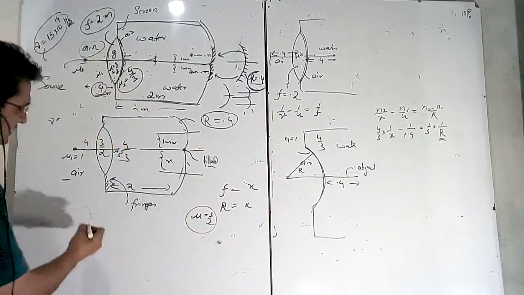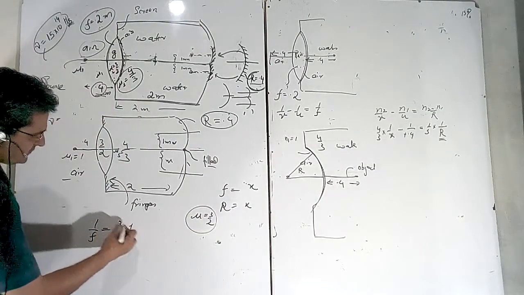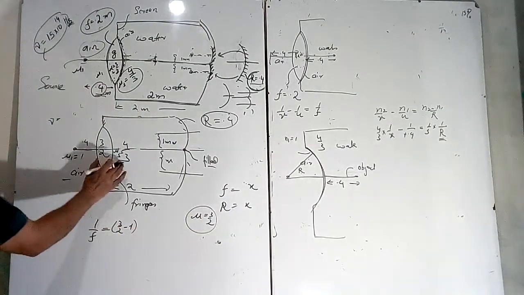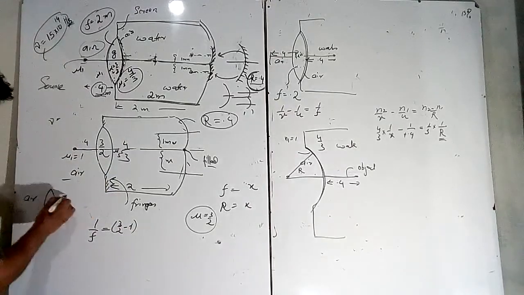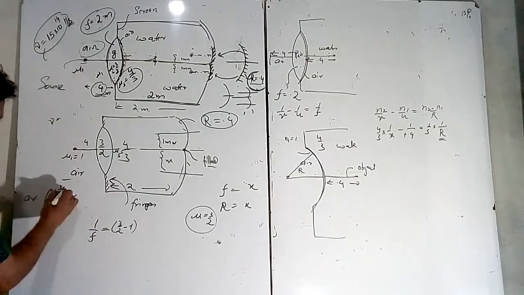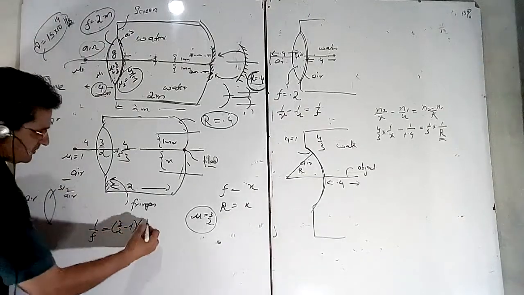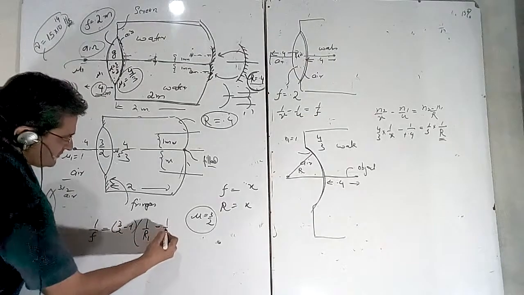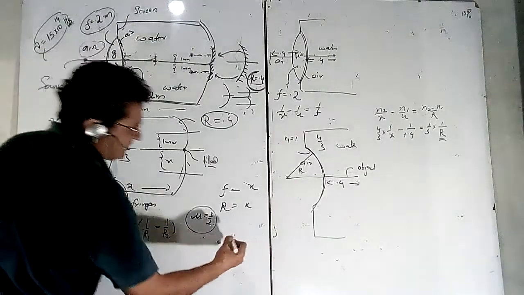Otherwise, you find this by 1 upon f is equal to (3 upon 2 minus 1) when it is air on both sides of the lens. So 1 upon f is equal to (mu2 upon mu1 minus 1) into (1 upon r1 minus 1 upon r2).